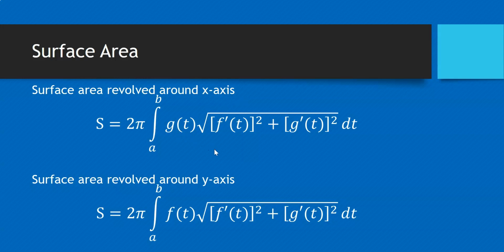Now, if we're revolving it around the x-axis, then what we do as our radius, we take our y value as our radius. And if we revolve around the y-axis, we're going to take our x value as the radius. So it's just 2 pi and then y value times arc length formula type thing. 2 pi and then x value arc length formula type thing. Hopefully that all makes sense.